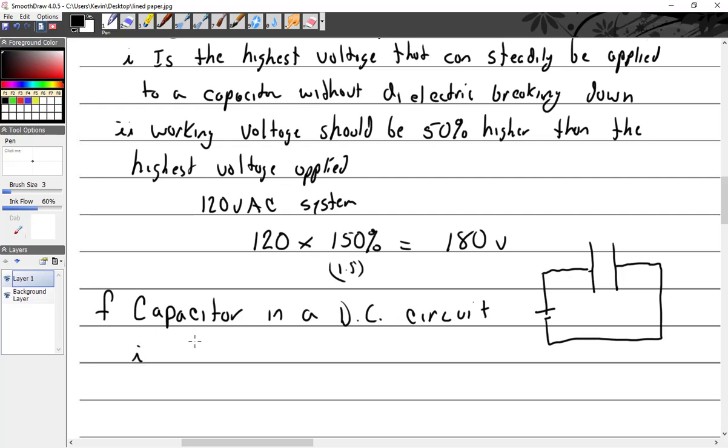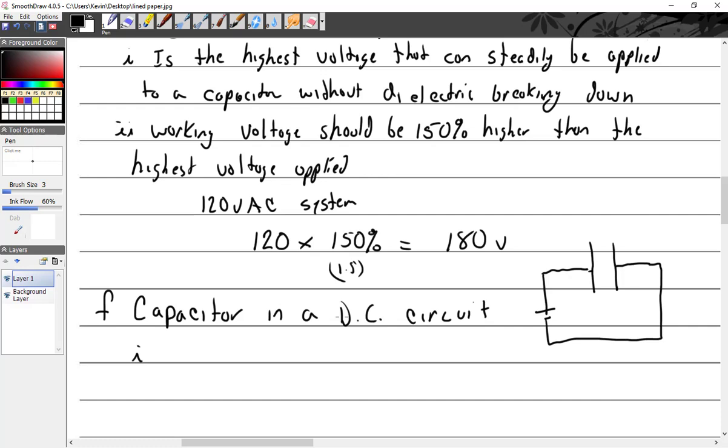Before we move on, it says working voltage should be 50% higher, and then you have 150 down here. It's plus 50%, so 50% more than. So that's 150%. Is it easier if I just say 150%? Yeah. But doesn't the Q&A say 50%? I think it does.